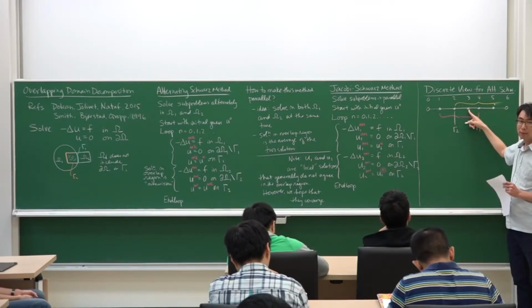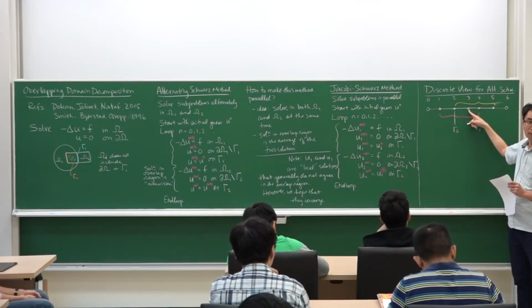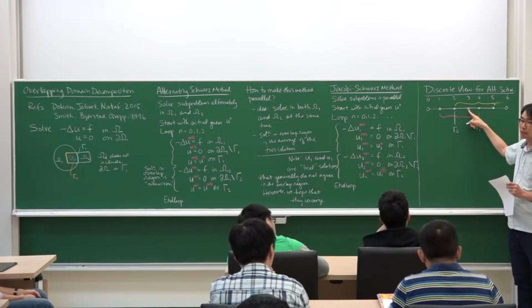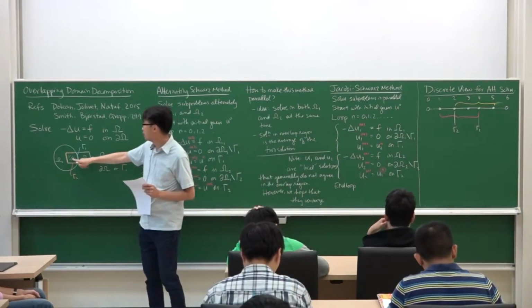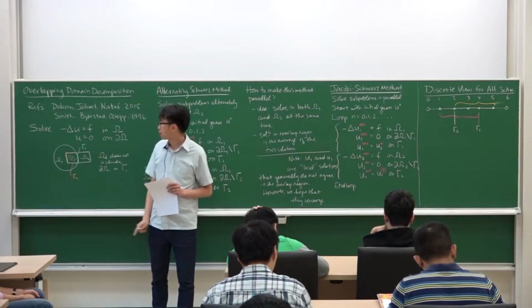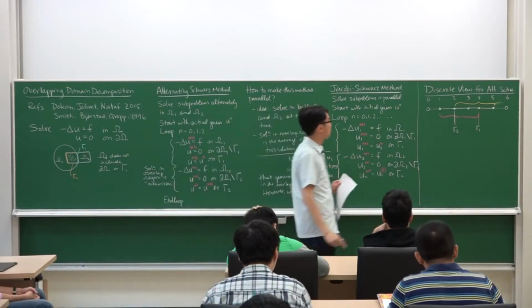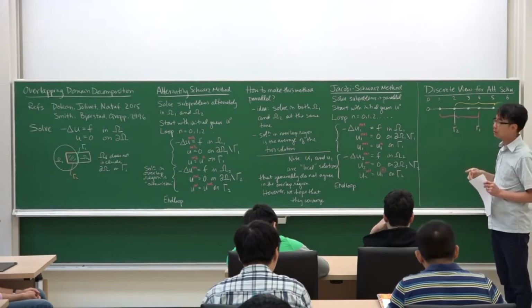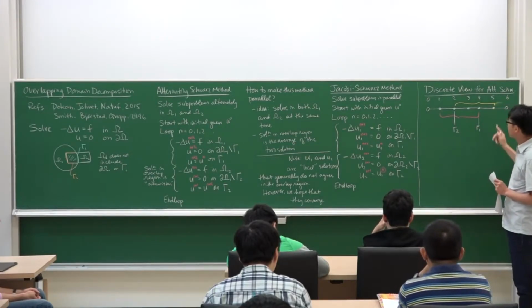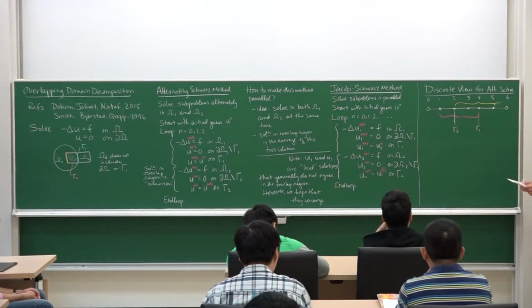U3 is in both subdomains. Okay, so U3 is a variable that lives on the inside over here. Okay, and we have some variables U1, which is only in the first subdomain, and U5, which is only in the second subdomain.